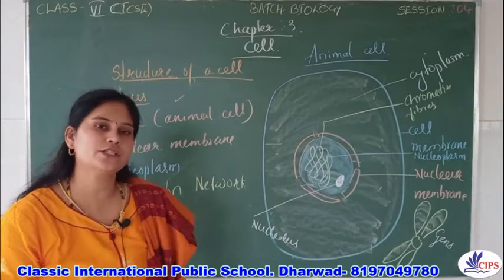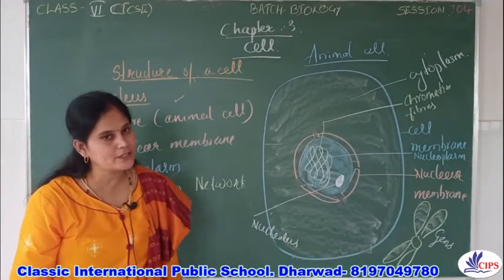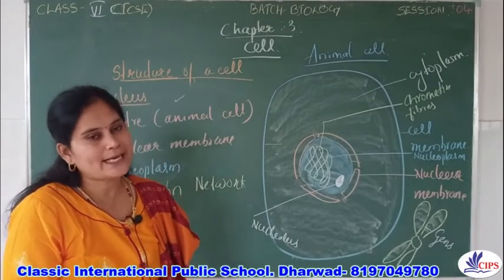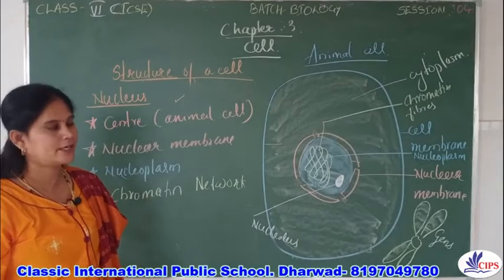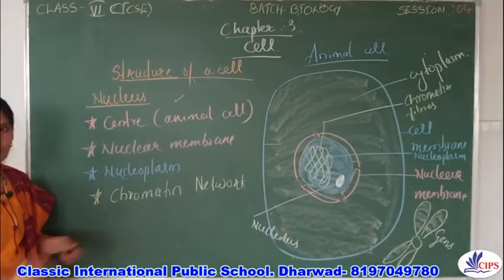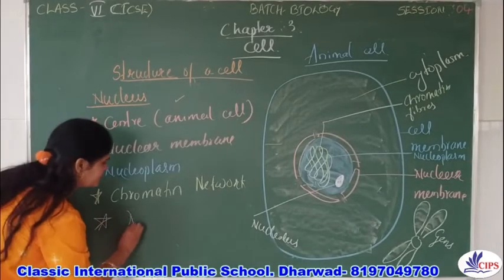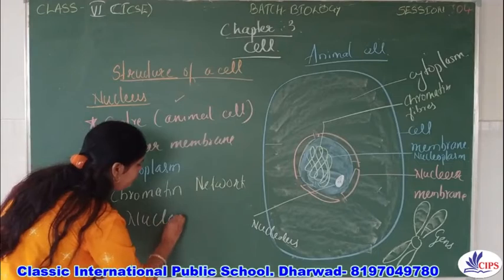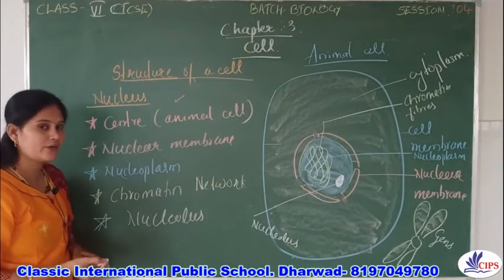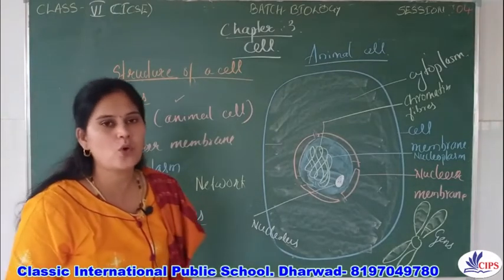Understood why? Because it controls all the metabolic activities of the cell. So it contains nuclear membrane, nucleoplasm, chromatin network, and one more, yes, the nucleolus. And what is the function of the nucleolus? Just now I told, yes, it helps in the synthesis of the ribosome.